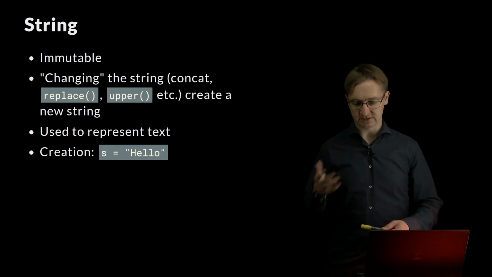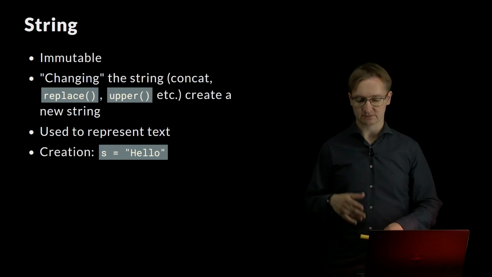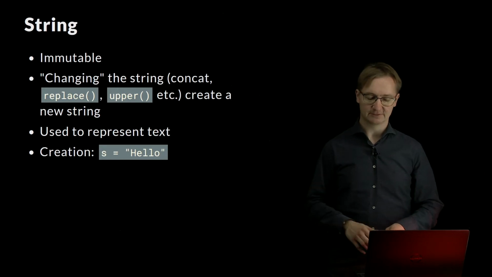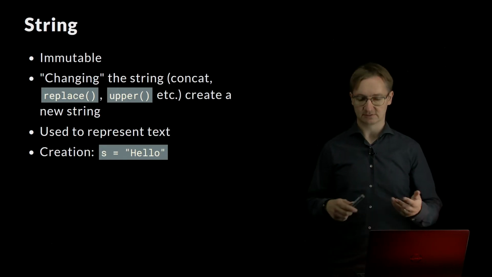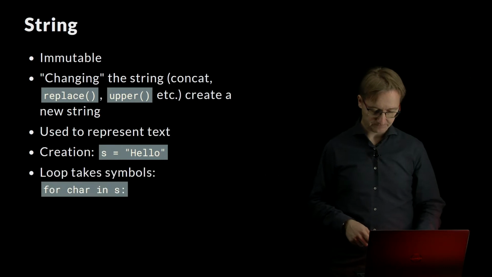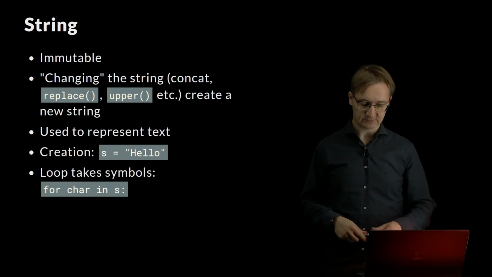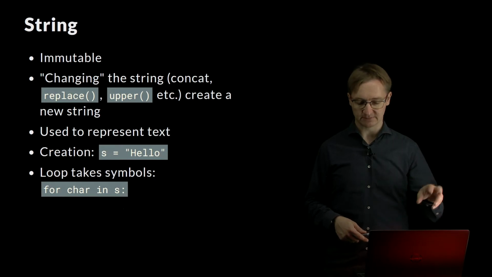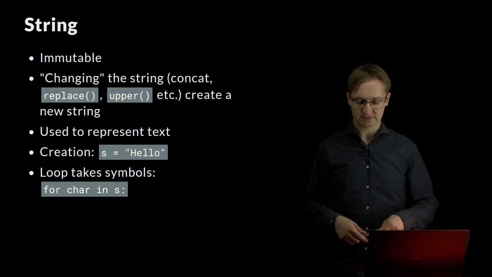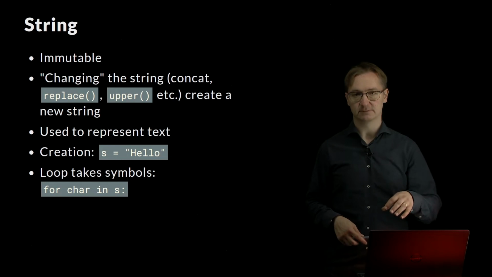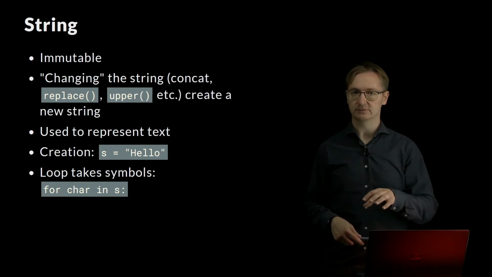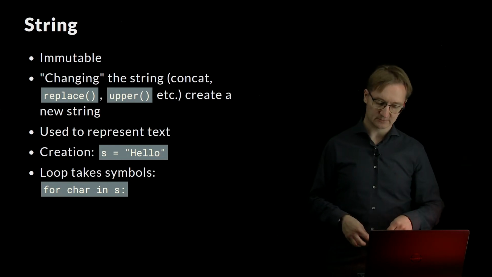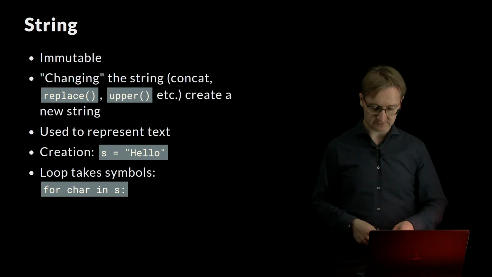You can use single or double quotation marks or even triple quotation marks to represent a string. And if we want to loop over a string, then we get every symbol or character basically. So for char in s, we get the first symbol, then we get the second symbol and so on. So to loop over a string, we can get every symbol out of it.